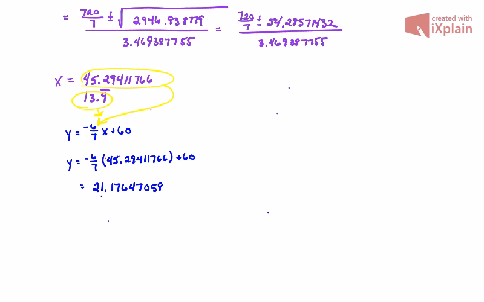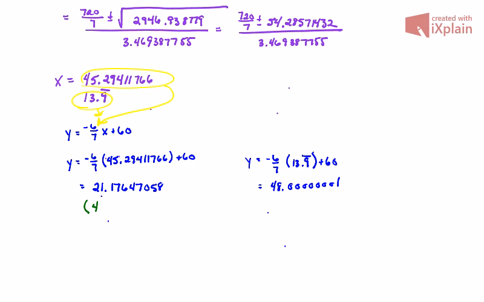And then if I also plug in 13.9 repeating for x and evaluate that, my y value comes out to 48.1234567. So now I have my two coordinate points.